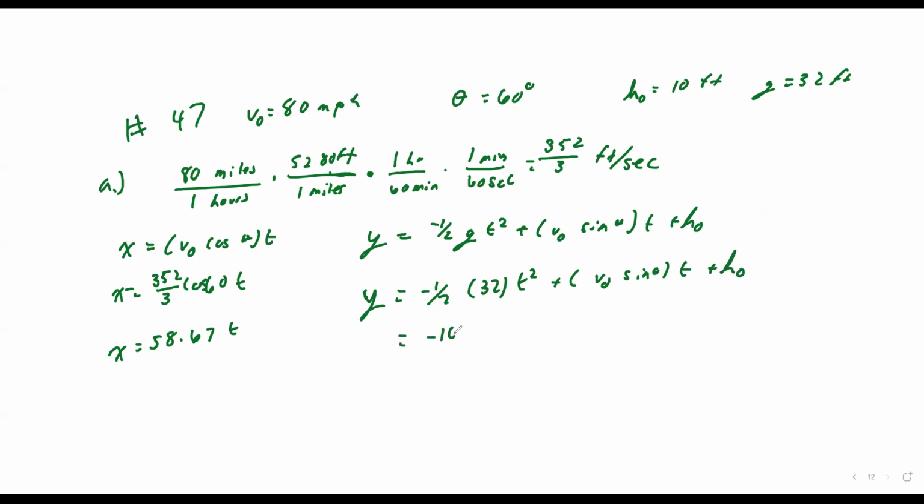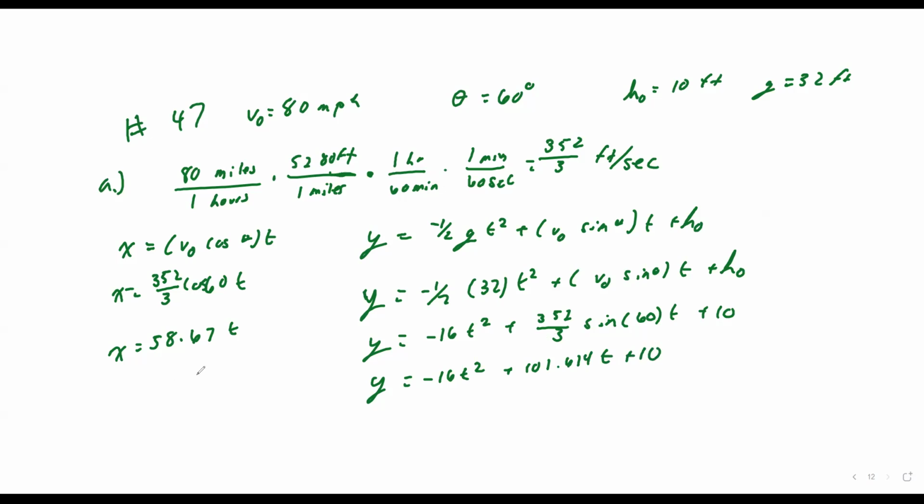So this will give me negative 16 t squared plus 352 over 3 sine 60 t plus 10. So I just now have to convert that last one. So negative 16 t squared and you get 101.614 t plus 10. So again, that part's the easy part.